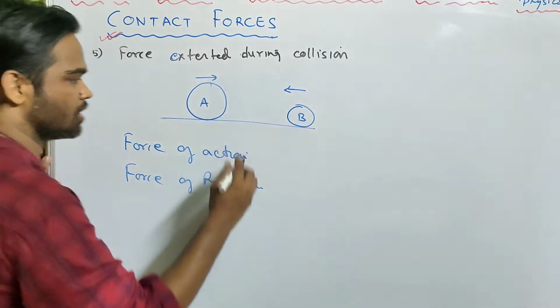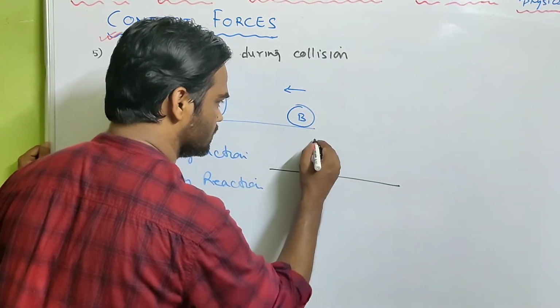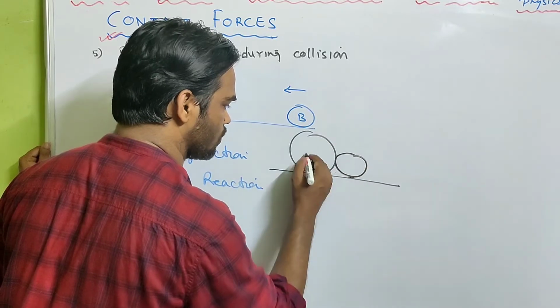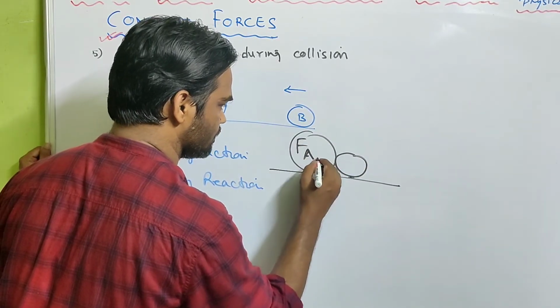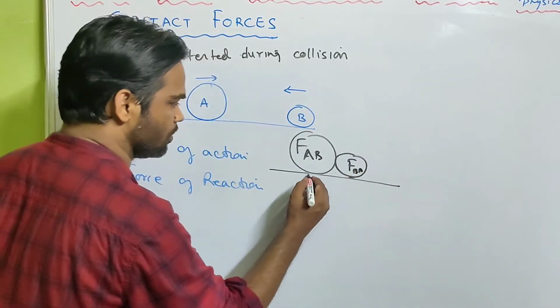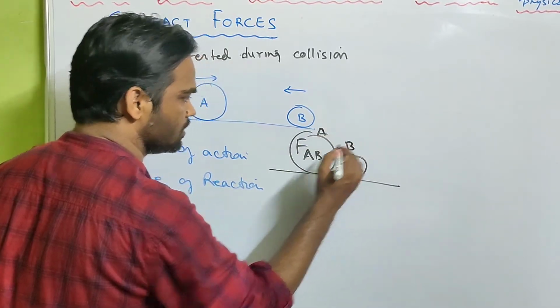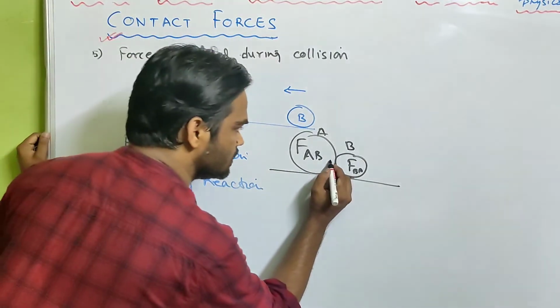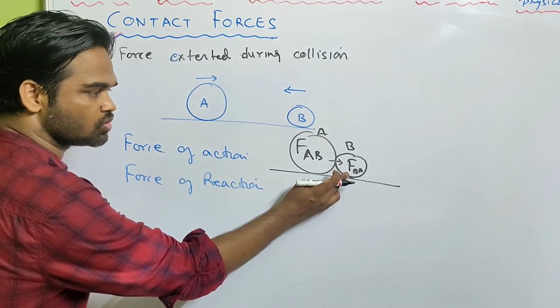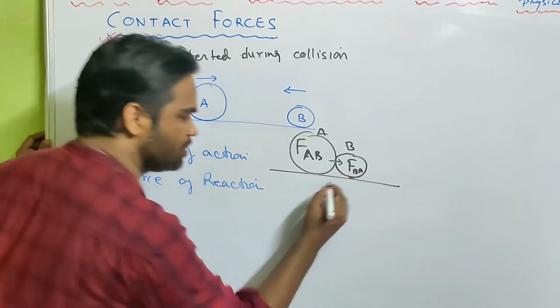Suppose when the collision takes place, this is your body A, this is your body B. Then body A applies a force FBA. FBA is what?